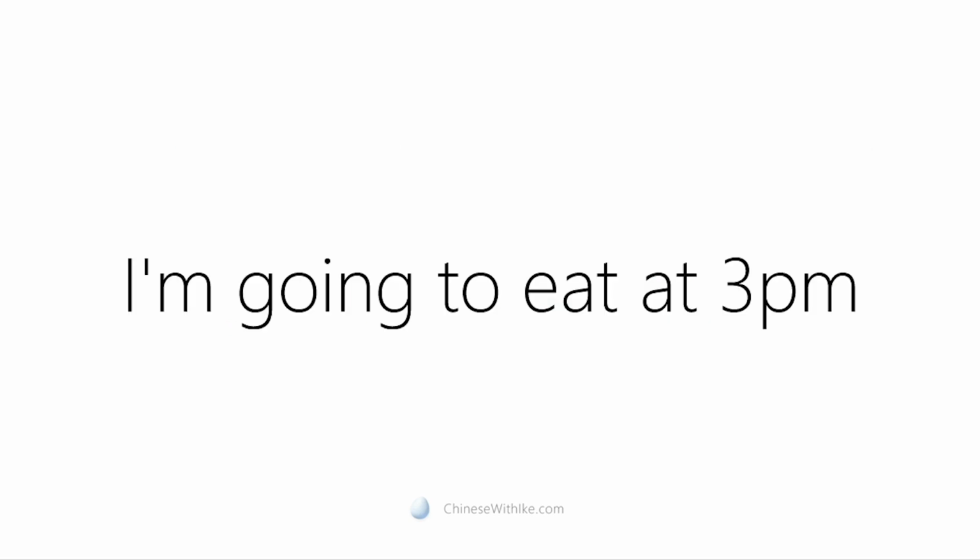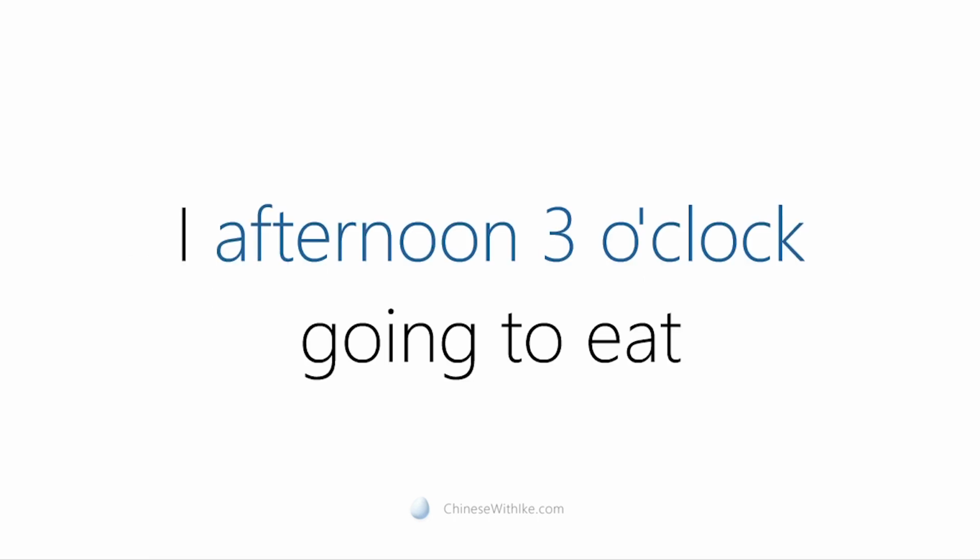Now try this. I'm going to eat at 3 p.m. Do you remember the condition rule? You need to move afternoon or p.m. time to the front after the subject, and afternoon is always in front of the time.